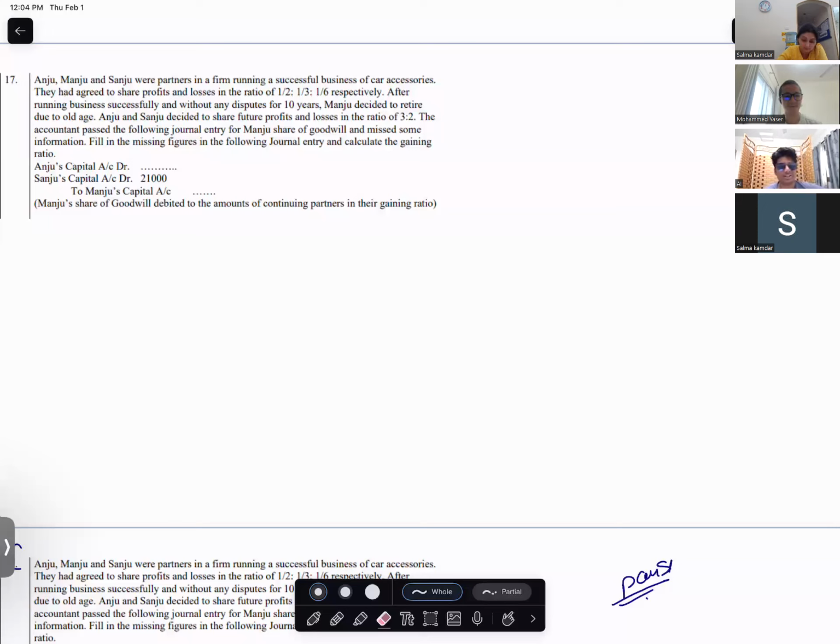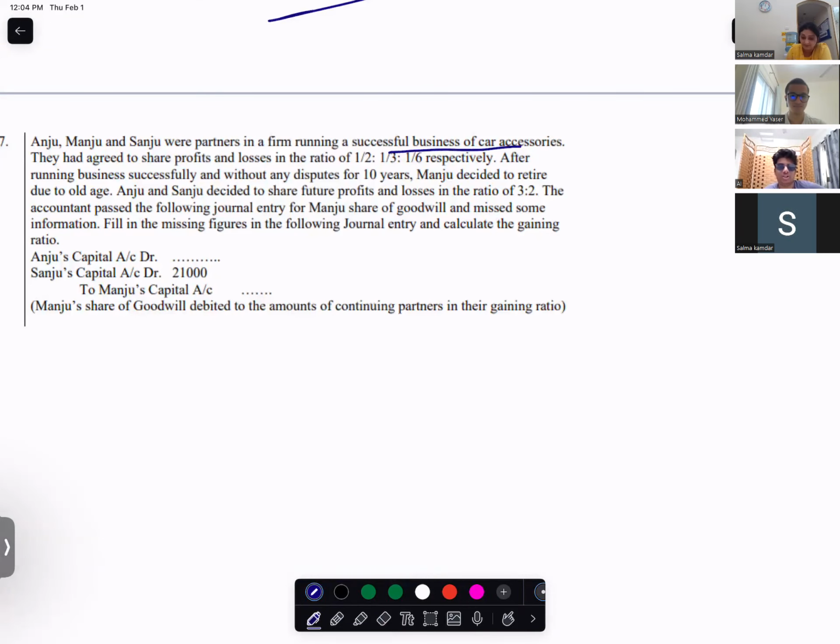Anju, Manju, and Sanju were partners in a firm running a successful business of car accessories. The profit sharing ratio is 1/2 : 1/3 : 1/6 respectively.